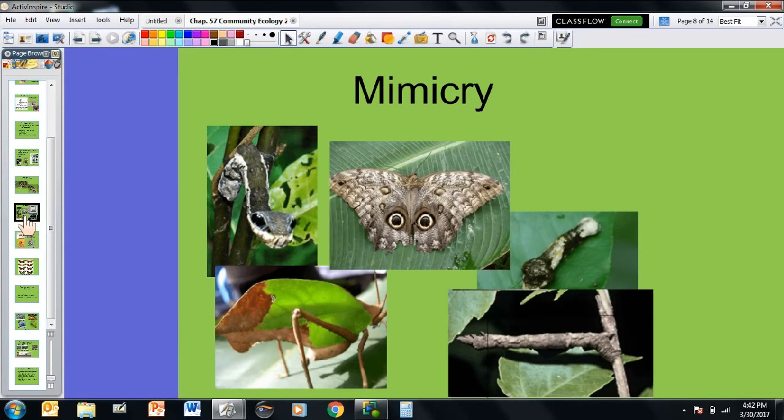If an organism looks like an inanimate object, taking on the color or the texture of something specifically to hide, it's called camouflage. If it has bright stripes or bright spots or some kind of bright color, it's called warning coloration or aposematic coloration. This is basically a warning to anybody who might want to munch on it for lunch that says, I am venomous, I am dangerous, you want to leave me alone.